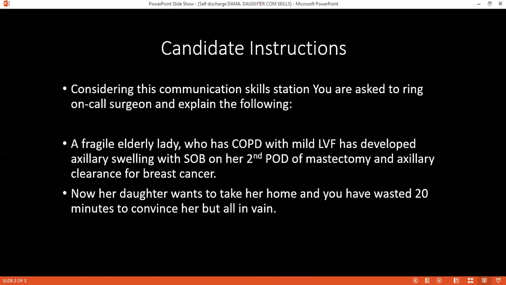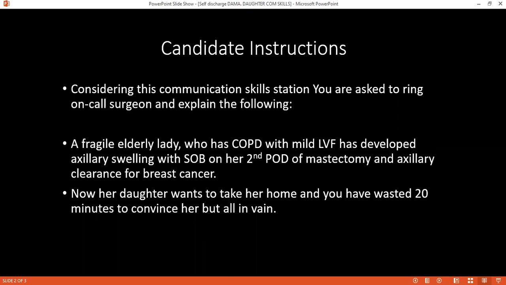Okay, thank you so much. Okay, so can I summarize what we discussed? The old lady is on the second postoperative day after mastectomy with axillary clearance for her breast cancer, and now she has developed shortness of breath and swelling in the axillary region.